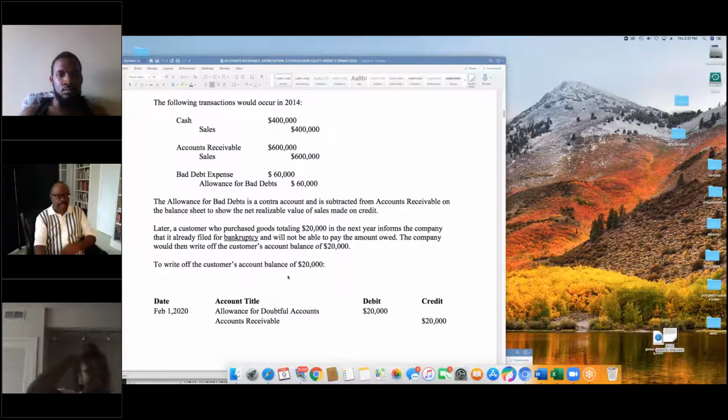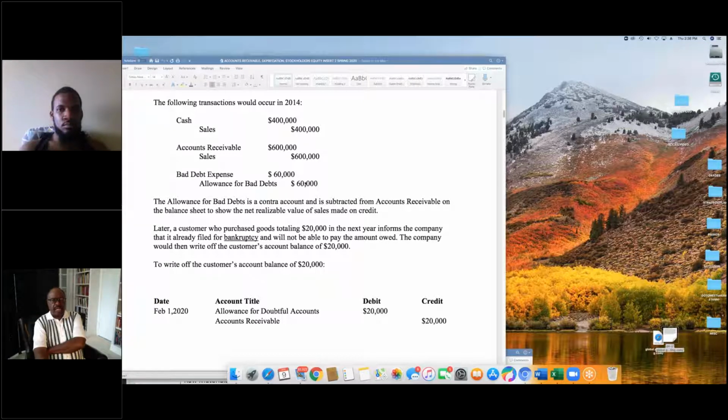When we make this entry, we don't know who's not going to pay. So we debit bad debt expense and credit the allowance for doubtful accounts. But when a customer who purchased goods costing $20,000 says, I'm filing for bankruptcy, you now know who the customer is. So you debit the allowance account and credit accounts receivable.